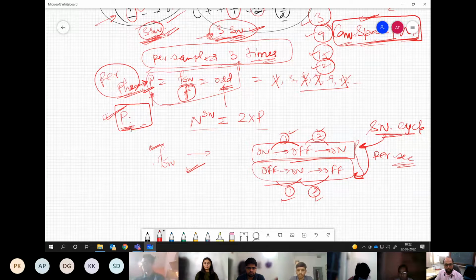So if P is the pulse number, how many switchings will happen per phase? 2 into P, right? What is the meaning of this 2 into P? This is the total number of switchings happening in a given phase for a pulse number P.